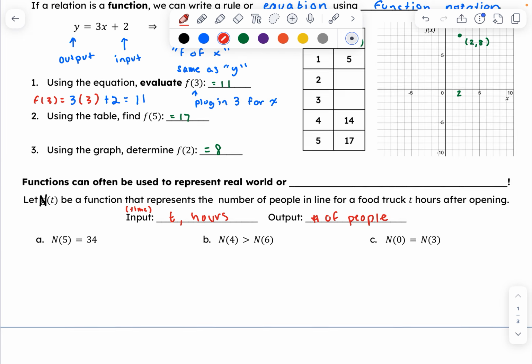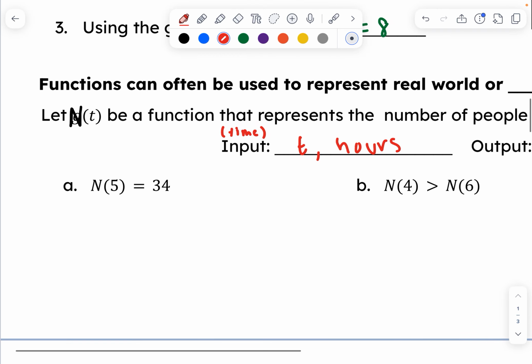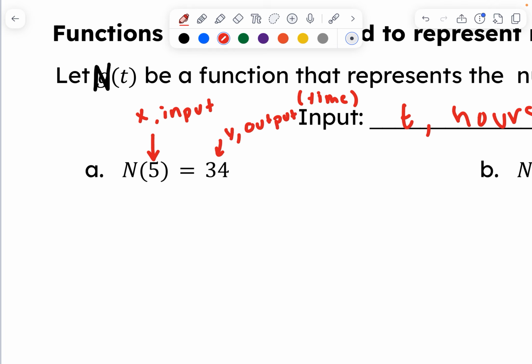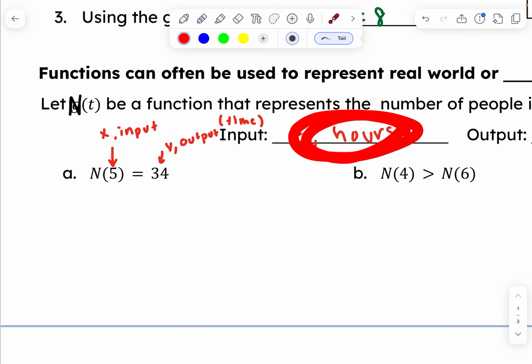Down here we have our function notation statements. As a quick refresher, the number that's inside the parentheses represents the x or the input, and this would represent the y or the output. In our example, we said that the input is the number of hours since opening.